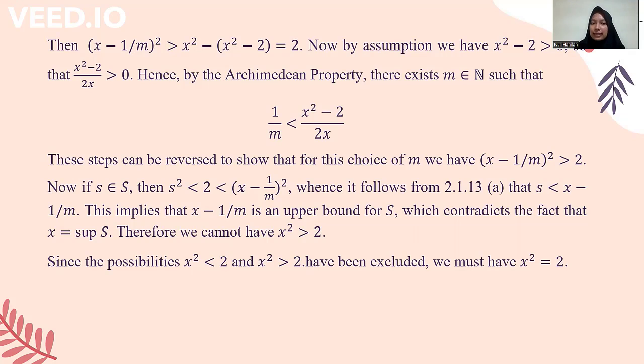This implies that x − 1/m is an upper bound for S, which contradicts the fact that x = sup S. Therefore, we cannot have x² > 2. Since the possibilities x² < 2 and x² > 2 have been excluded, we must have x² = 2.